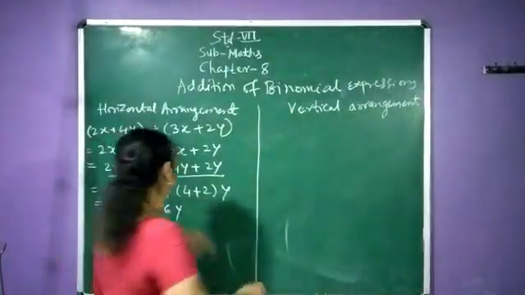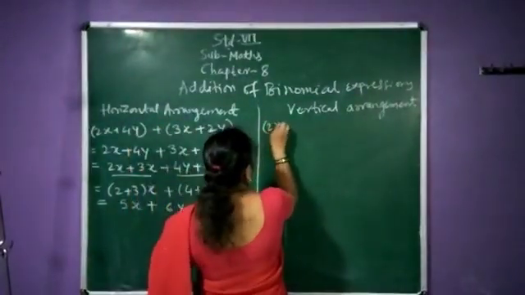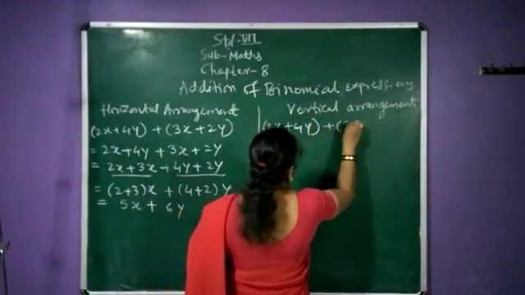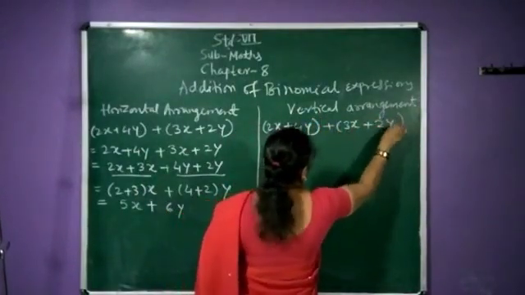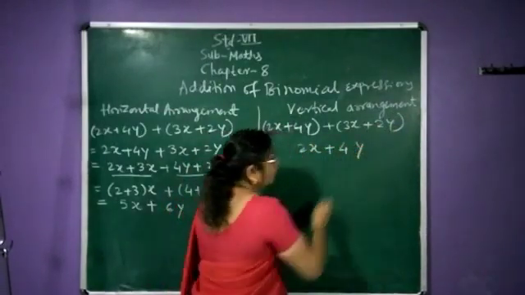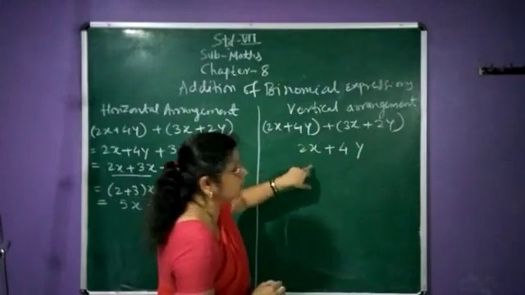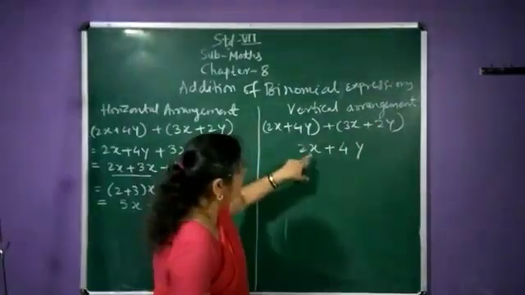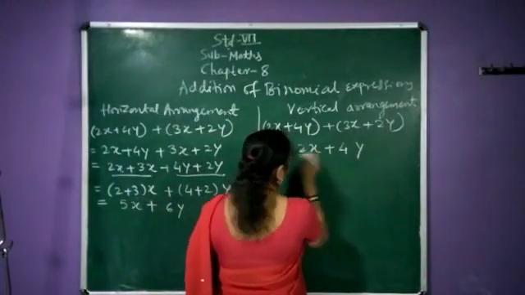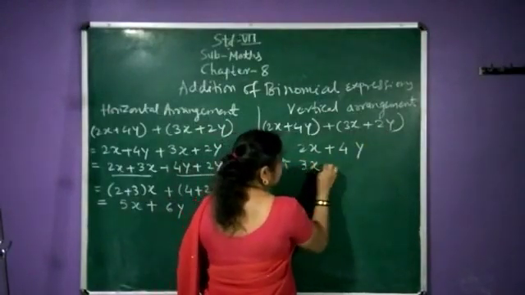Now in the vertical method, the same example we can solve by the vertical method. It's very simple. The important thing is you have to write the like term below the like term. Like 2x plus 4y, 3x plus 2y. So x, y.